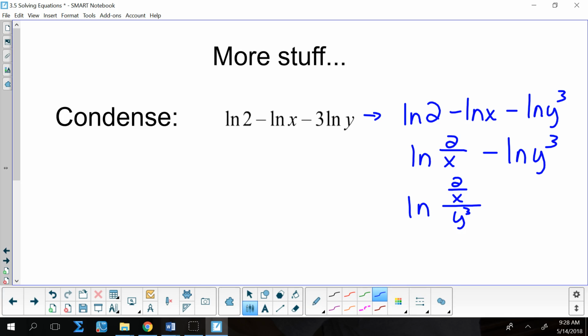Proper math tells me I don't like a fraction in a fraction, so I should do something different. This is 2 divided by x divided by y cubed, which is 2 divided by x times 1 over y cubed. So this becomes the natural log of 2 divided by xy cubed.